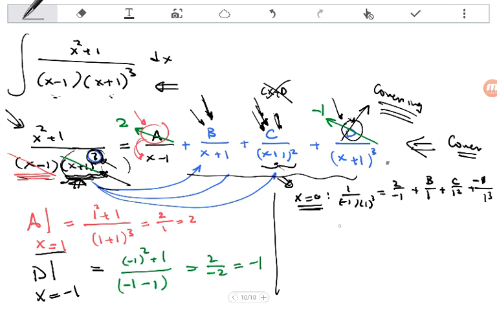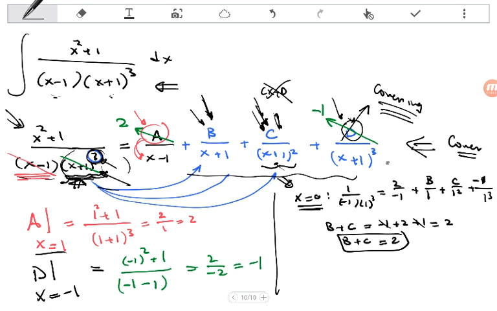So this is the first equation, which is b plus c equal to -1 plus 2 plus 1, which is 2. So we have b plus c equal to 2.